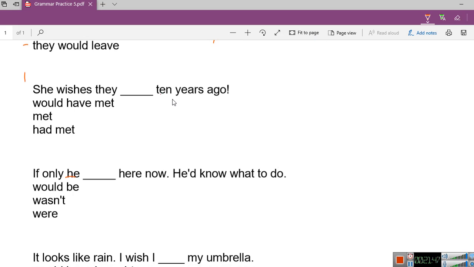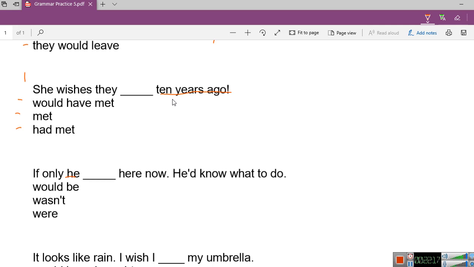Now, she wishes they 10 years ago. So 10 years ago, we're talking about a past action. Maybe I'm talking about a past desire that I can no longer do. So which one is it? Will have met, or had met? Would have met 10 years ago.